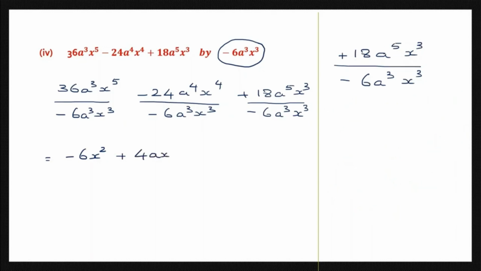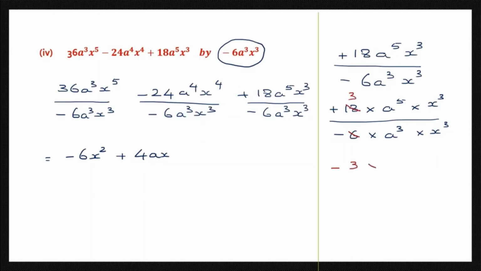So we have the third term here. Let's write that, plus 18 into a to the power of 5 into x to the power of 3, and in the denominator we have minus 6 into a to the power of 3 into x to the power of 3. Cancel. Now minus into plus is minus. 6 3s are 18, so that is 3 into a to the power of 5 minus 3 into x to the power of 3 minus 3.